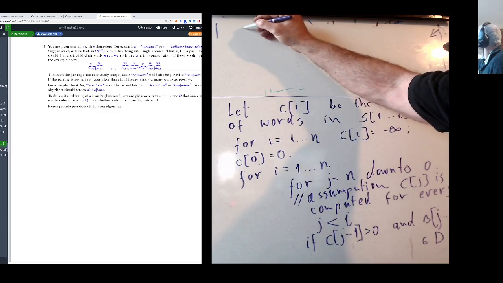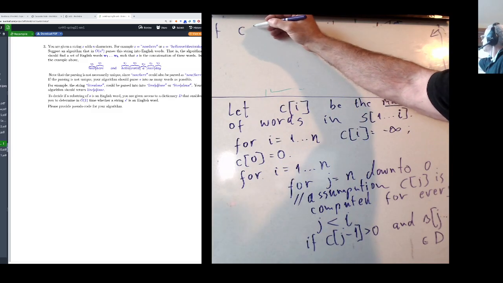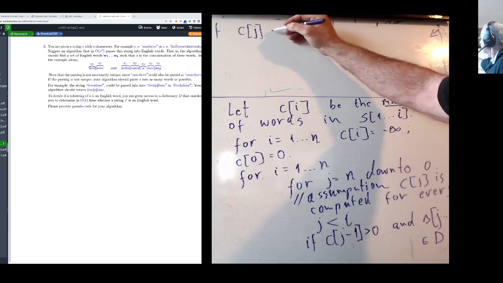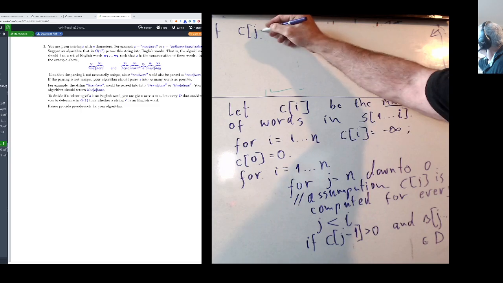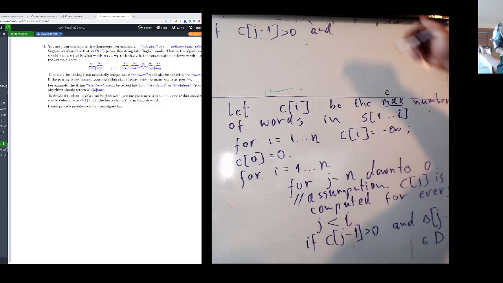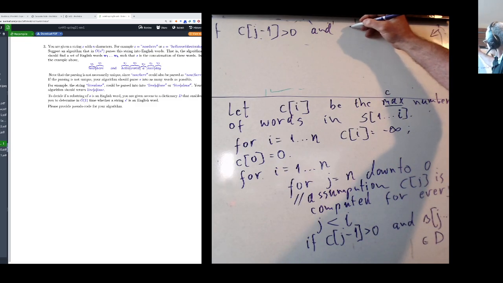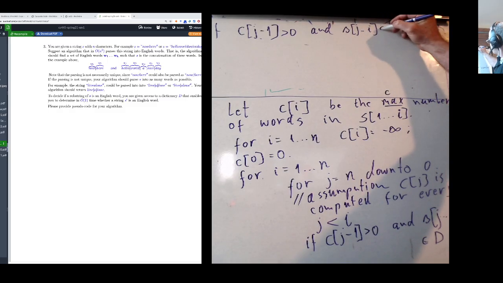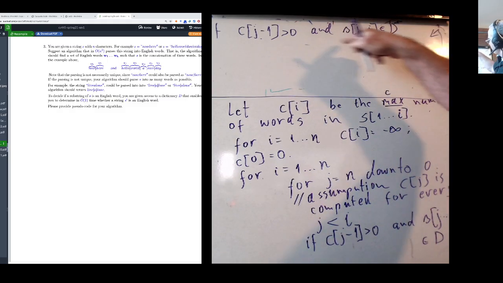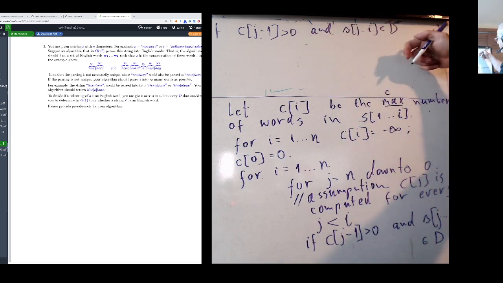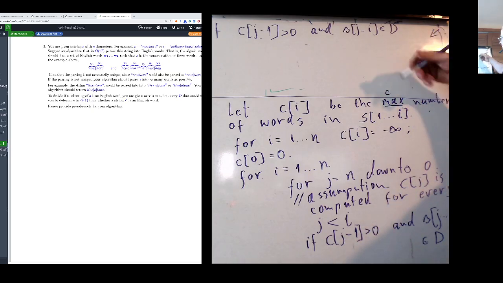If C of j minus 1 is larger than 0, and S from j to I is in D, and in addition, if it is a word, what should be the next value of Ci? Remember, Ci, how many words are ending at index I?